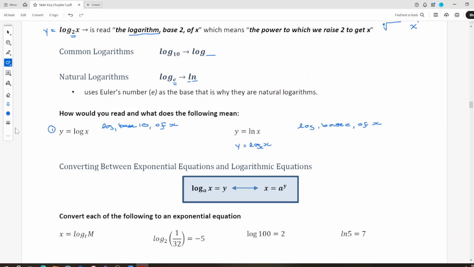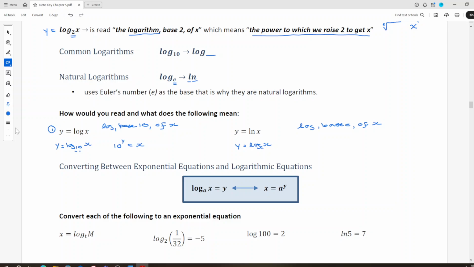What does it mean though? Well, this is going to take a little bit of understanding this sentence thing. So we're going to practice with these up here, and then we're going to have this formula that allows us to go from logarithmic to exponential form and exponential to logarithmic form. So when I look at this one, again, this is y equals log base 10 of x. What this means is the power that we're raising 10 to get x.